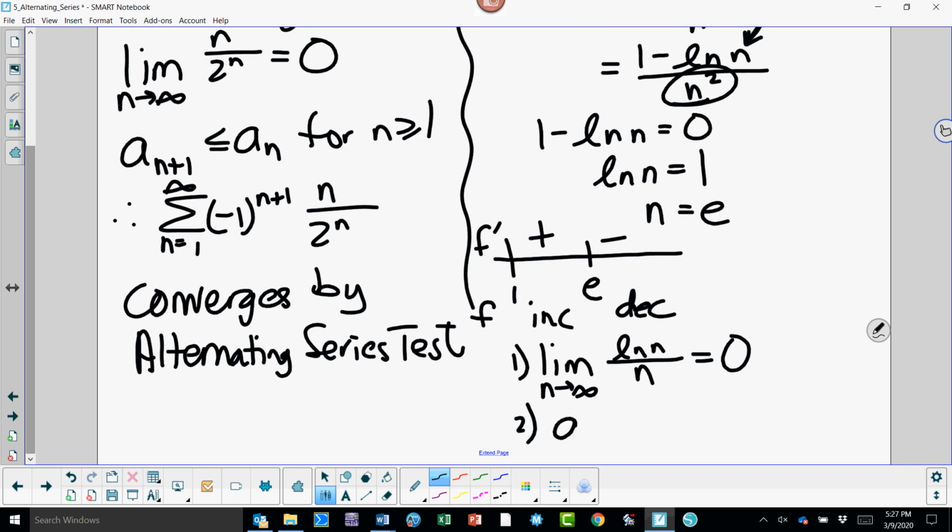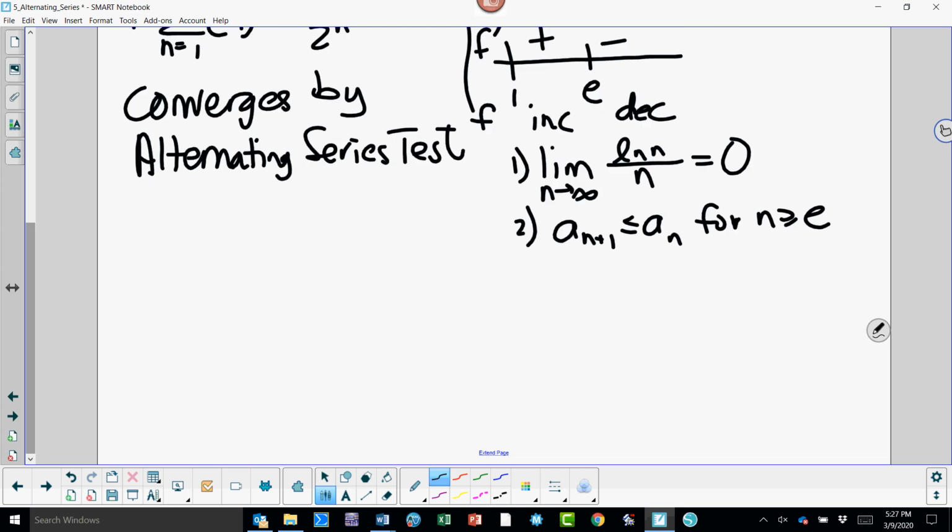And 2, we just showed that a sub n plus 1 is less than or equal to a sub n for n greater than or equal to e. Now remember, for convergence, it doesn't matter when it starts, as long as it converges eventually, it converges, because you would just be adding finite things at the beginning.